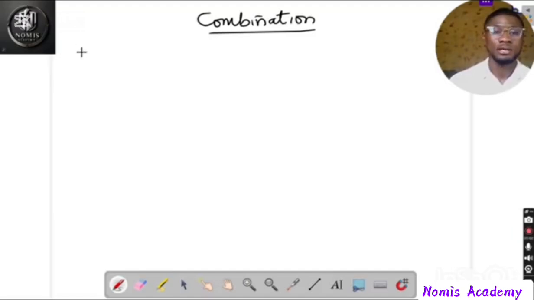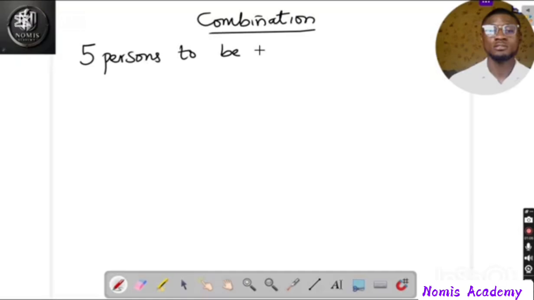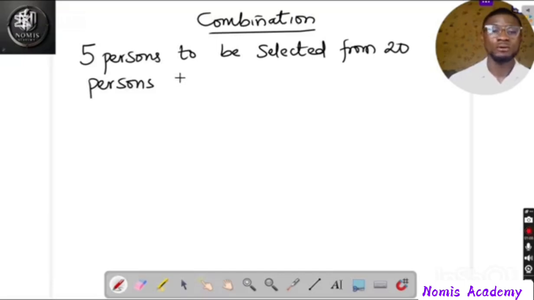So let's for instance take an example of 5 persons to be selected from 20 persons. So we can definitely use the formula of combination to select the 5 persons at a particular time, considering a particular factor. We are going to take some examples to see.